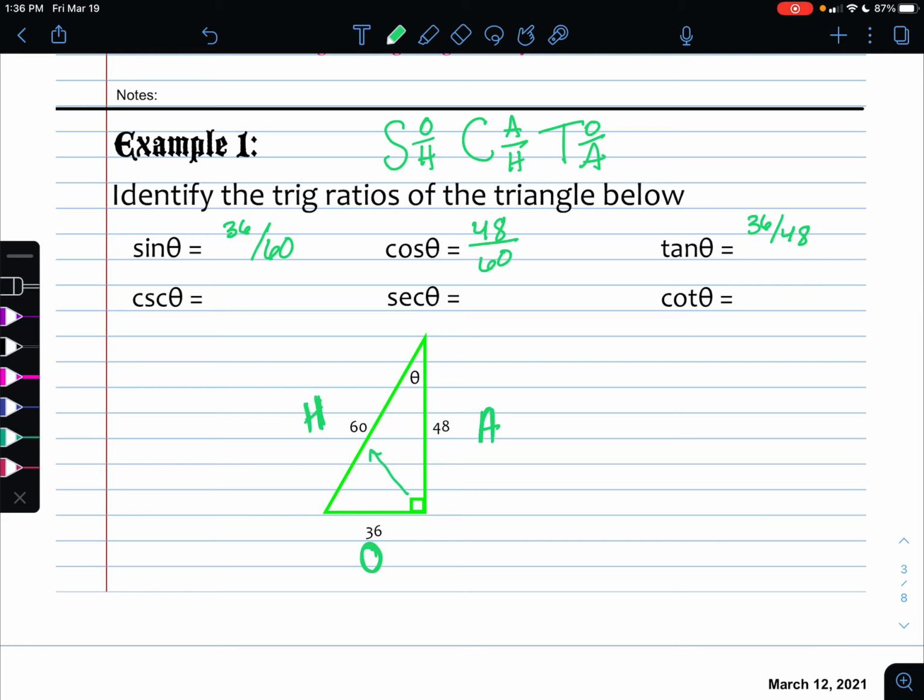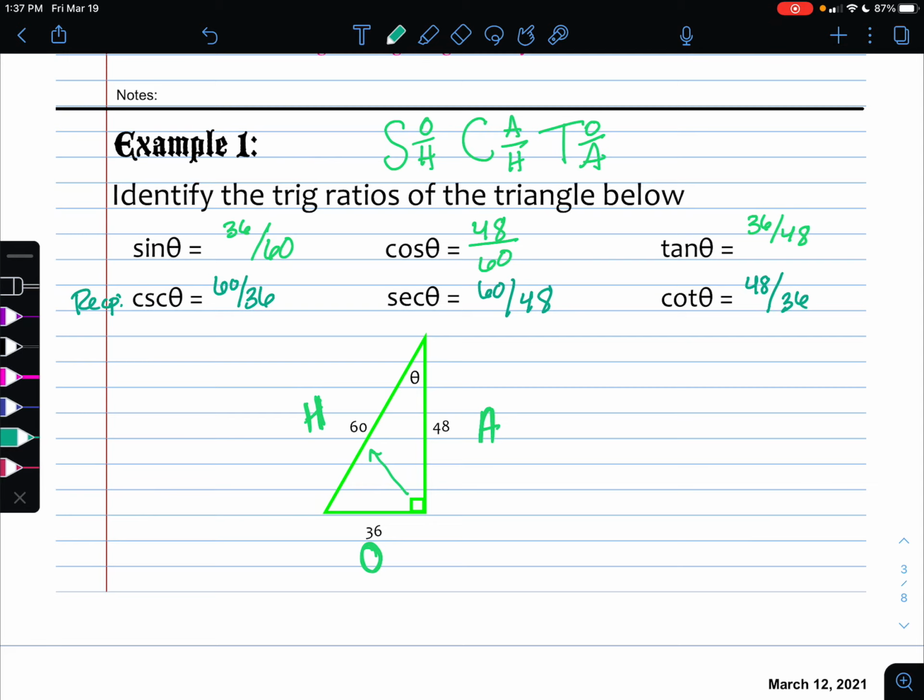Okay, now I can do the reciprocal identities, and I just flip these fractions. Okay, because cosecant is hypotenuse over opposite. Secant is hypotenuse over adjacent. And cotangent is adjacent over opposite.